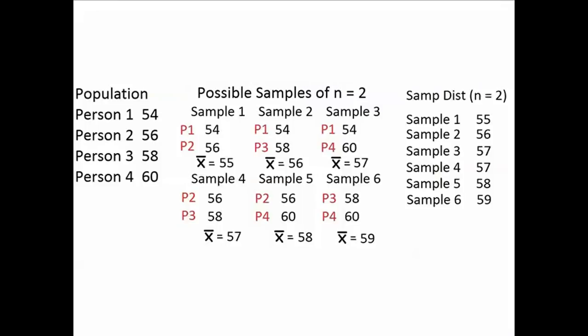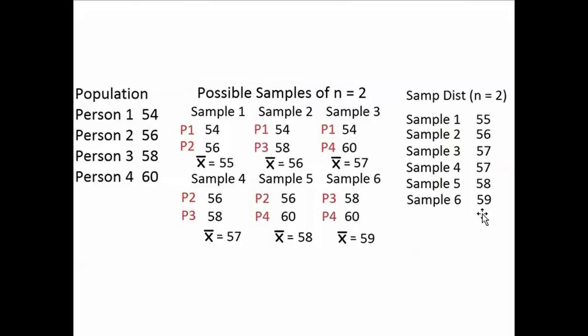Let's go back to this example where we were looking at the sampling distribution for the sample size of 2. If we add these 4 numbers over here in the population and divide the total by 4, we'll get the mean of the population. If we add the 6 sample means of the sampling distribution and divide the total by 6, we'll get the mean of the sampling distribution.